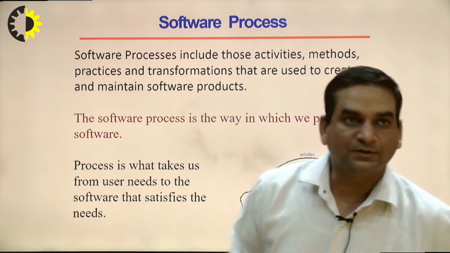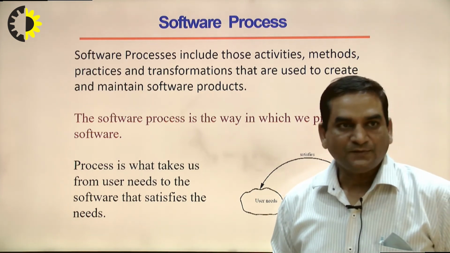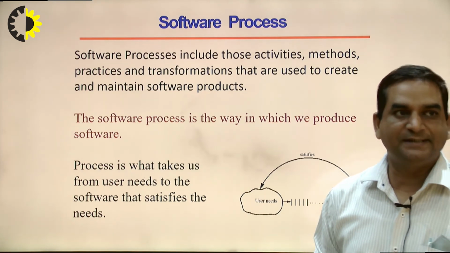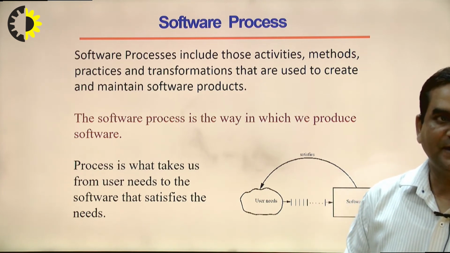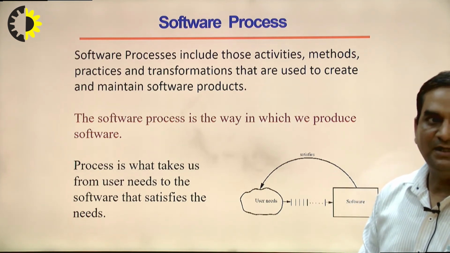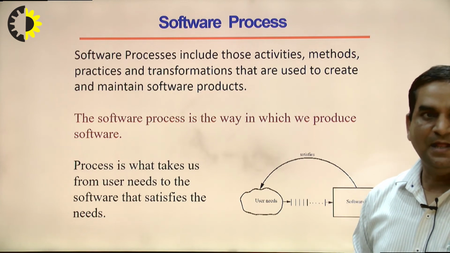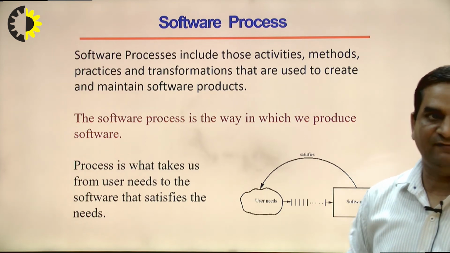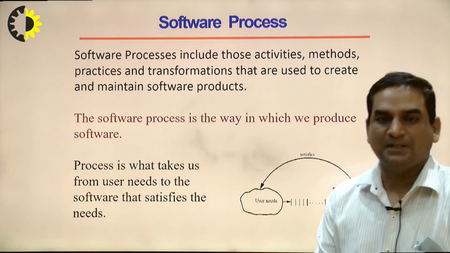Software process is what takes us from the user needs to the software that satisfies the needs. In this diagram, on the left hand side, there are some user needs, and these user needs are input for the software development, and the software satisfies these user needs.